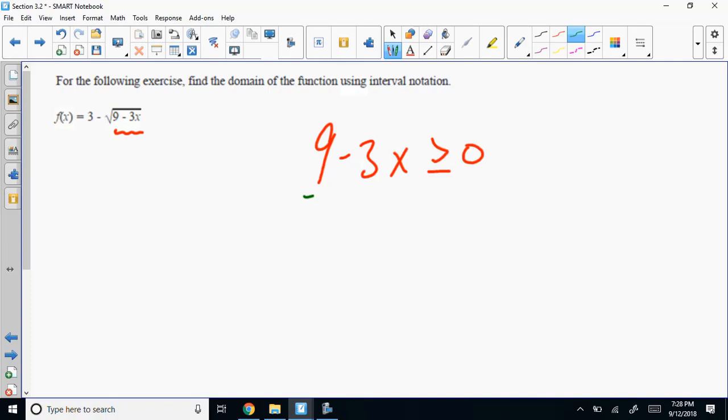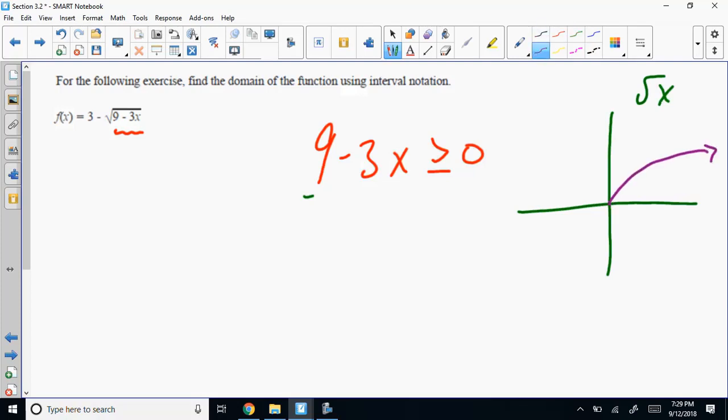Where did I get that greater than or equal to? Okay. So, here we go. If I look at the square root function, this is what it looks like. That's the parent function, square root. It starts at 0. Its domain is 0 to infinity, right?